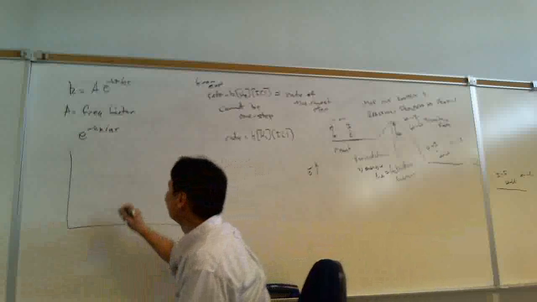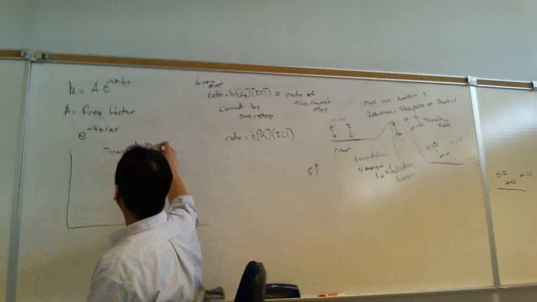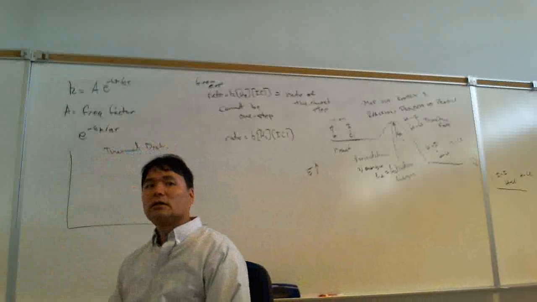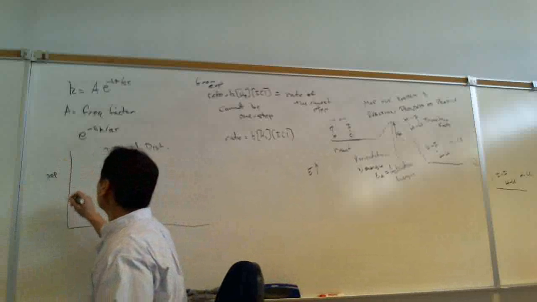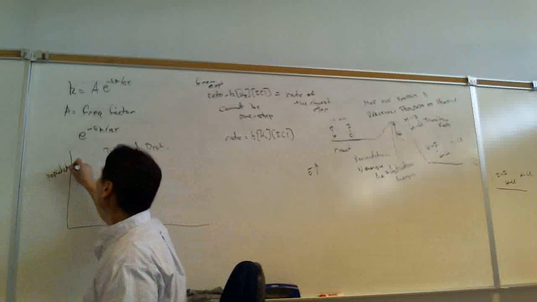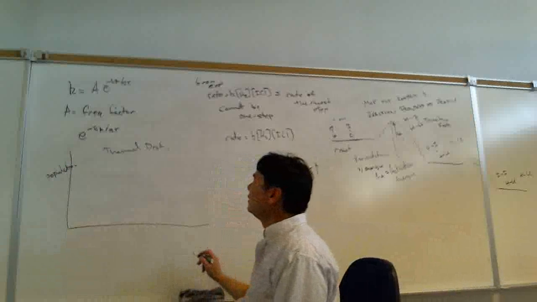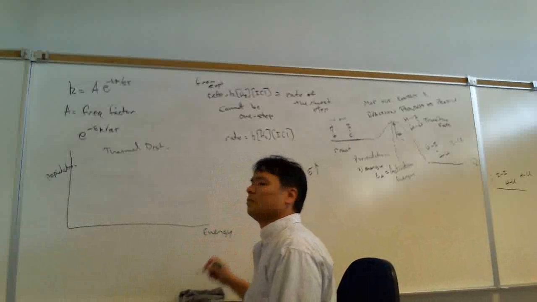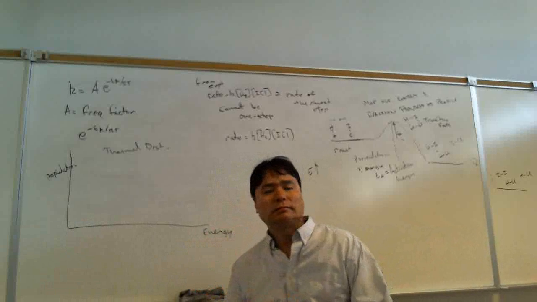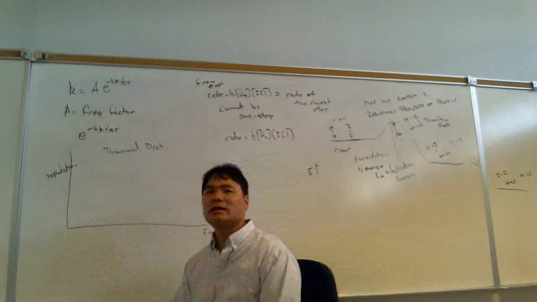You guys remember what a thermal distribution looks like, in terms of population versus energy? The Maxwell-Boltzmann distribution, what does it look like?